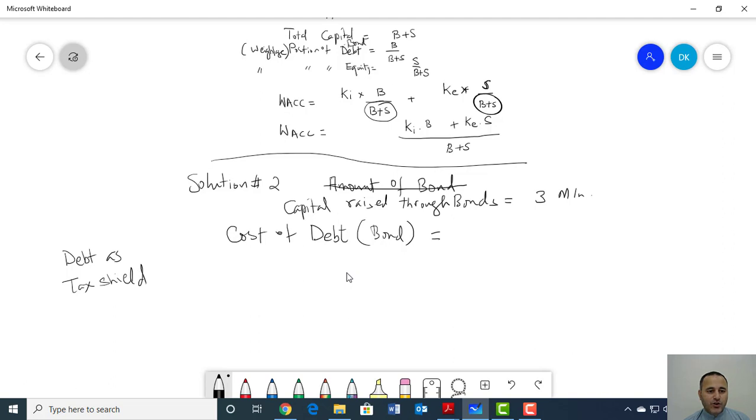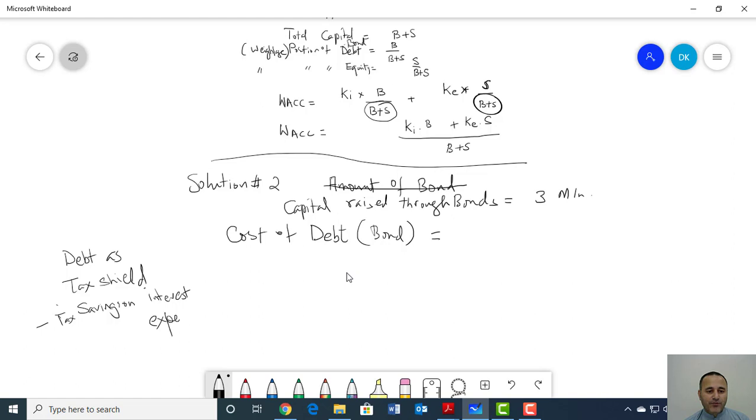In yesterday's lecture, as you saw, I did some calculation for tax savings on interest expense.